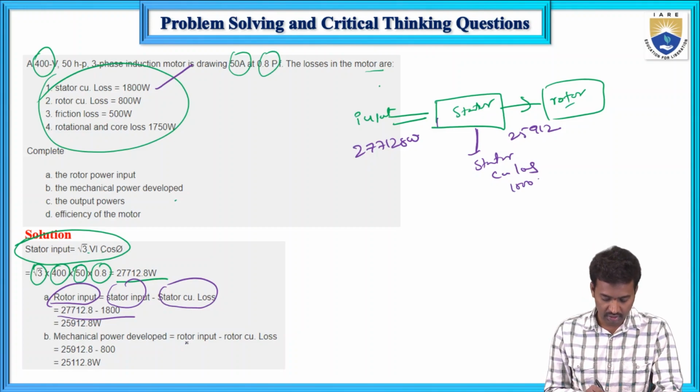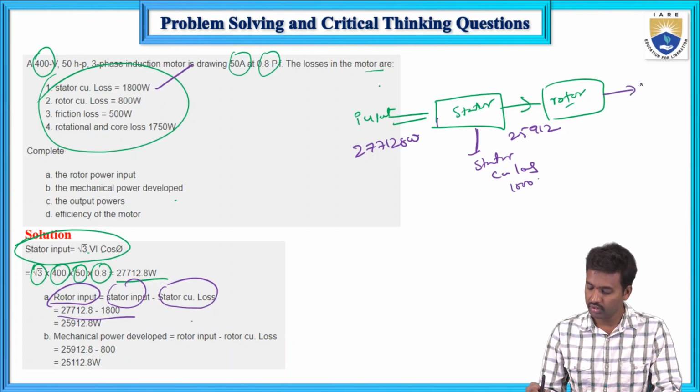Next, this is given to the rotor and then to the mechanical final shaft.